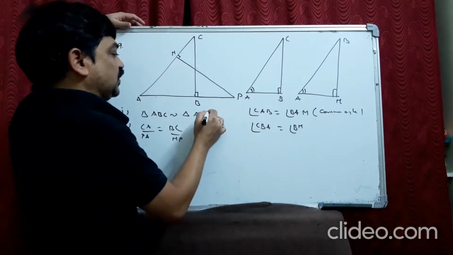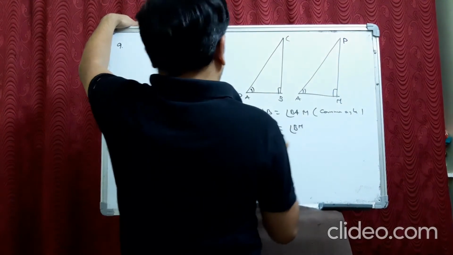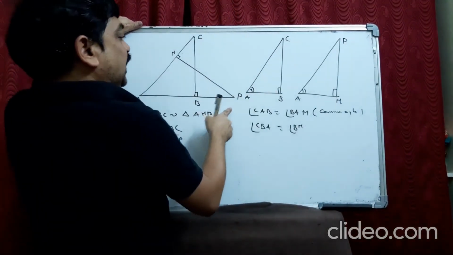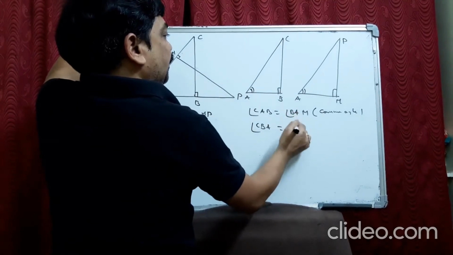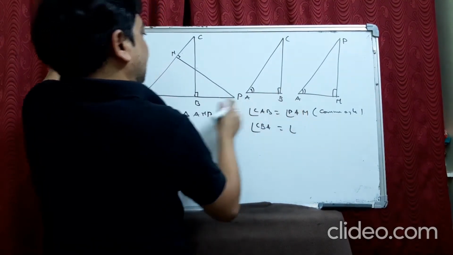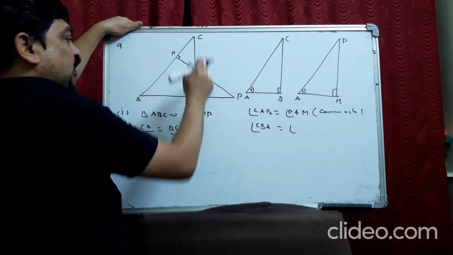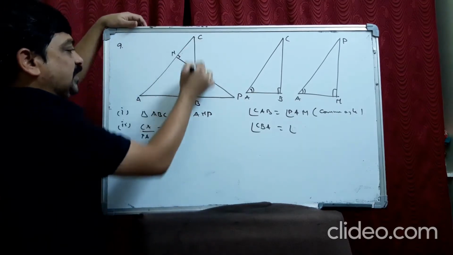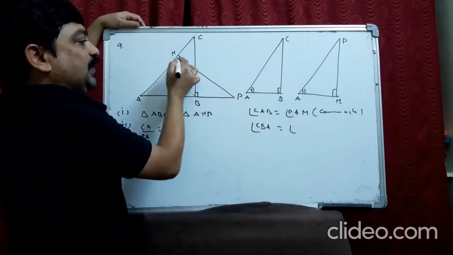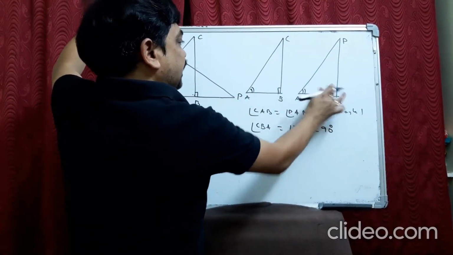The second right angle triangle is AMP, it should be P, very sorry. Angle CBA will be equal to angle PMA, that is equal to 90 degrees.